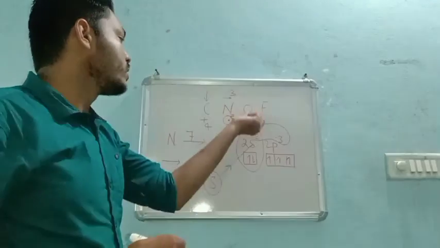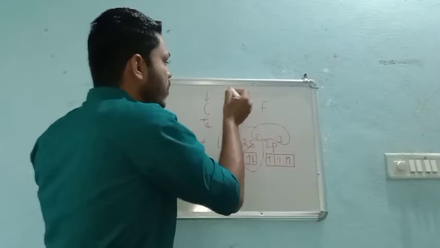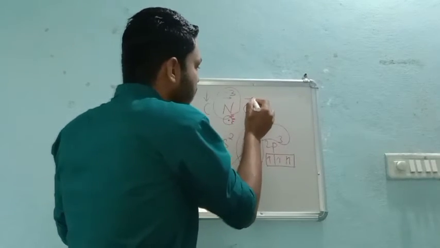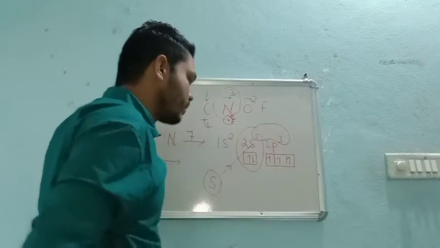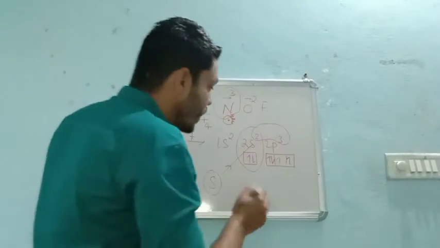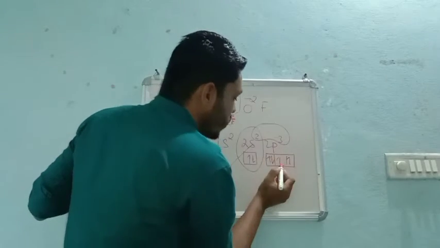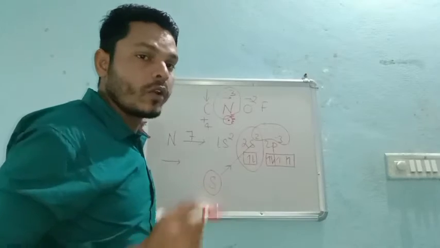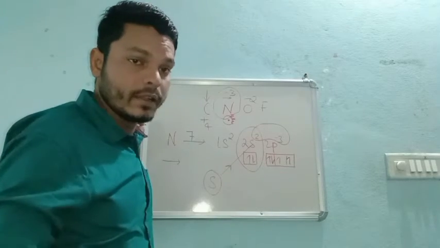And now coming to oxygen, we stopped our last class here itself. In case of oxygen, there are only 2 half-filled orbitals, and half-filled orbitals are the ones involved in the formation of hybridization. We will go to hybridization in the next class.